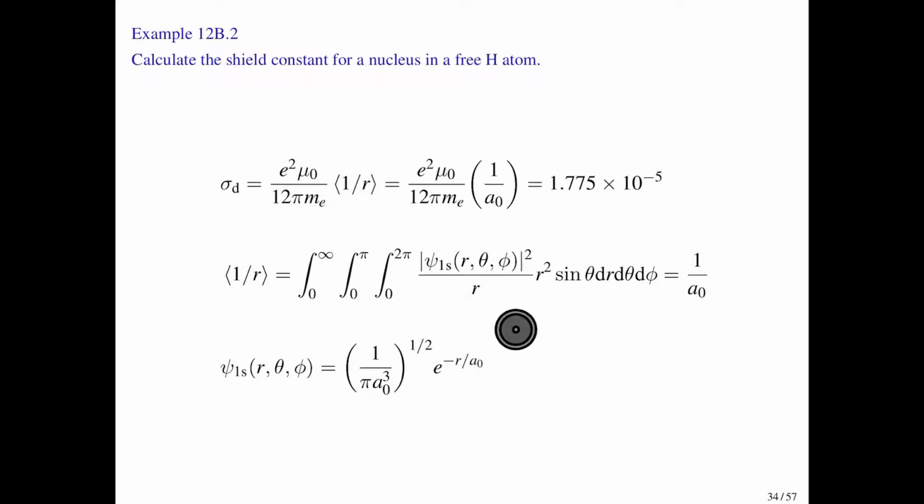And so what I've set up here is the expectation value for a 1s orbital, the expectation value of the 1 over r operator. So this would be the wave function squared divided by r. This is the volume element for the hydrogen atom, and if you plug in this wave function and do the integral, you would get this value for the expectation value, which you plug in here, and then you can calculate the value for sigma d. Okay.